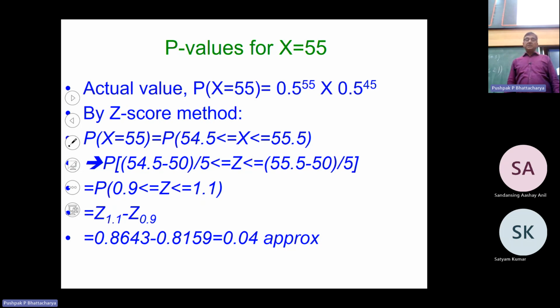So Z has to be between 0.9 and 1.1, which is Z 1.1 minus Z 0.9, 0.8643 minus 0.8159, which is 0.04. Right. Now, so we see the triangle has to be different.